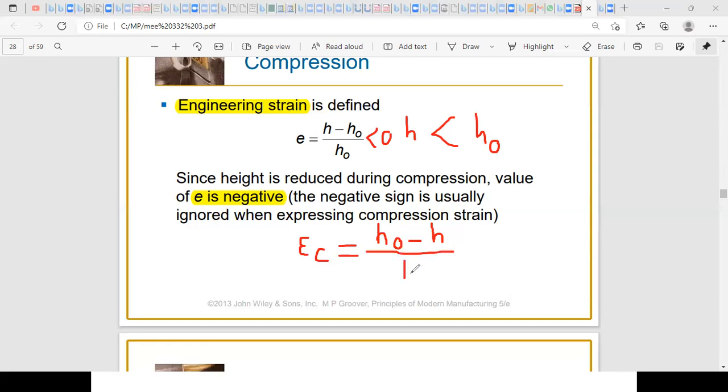Now, in case on the same graph you want to represent tension and compression tests, you should keep the negative sign for sigma and epsilon in the compression zone. While if you are just representing the graph of compression alone, no need to put negative values. You just use sigma C and epsilon C.